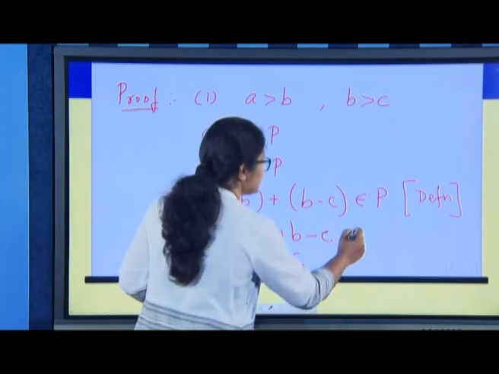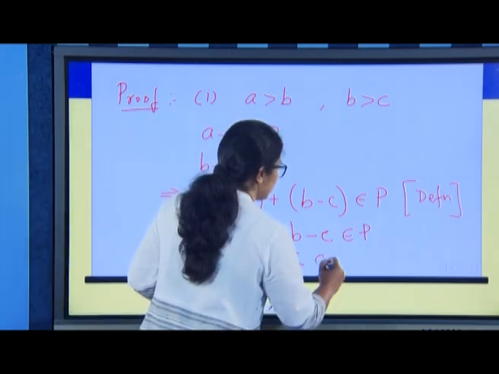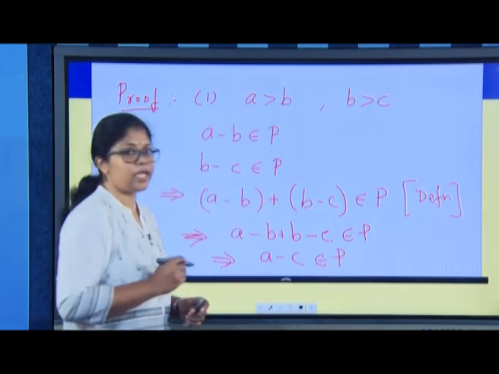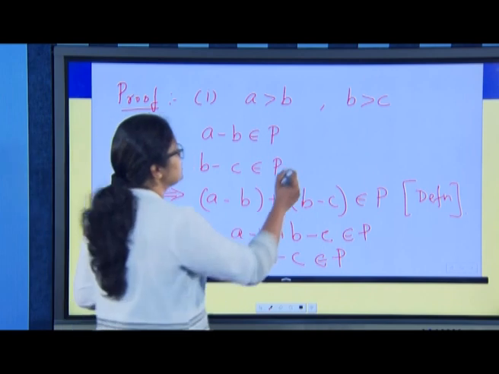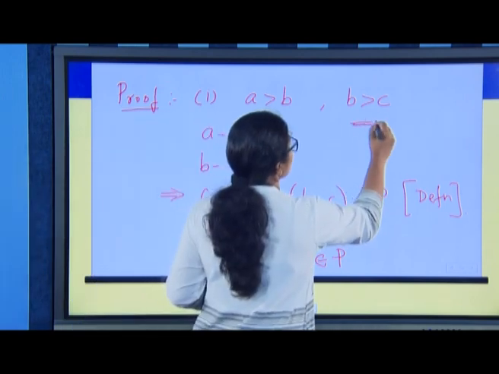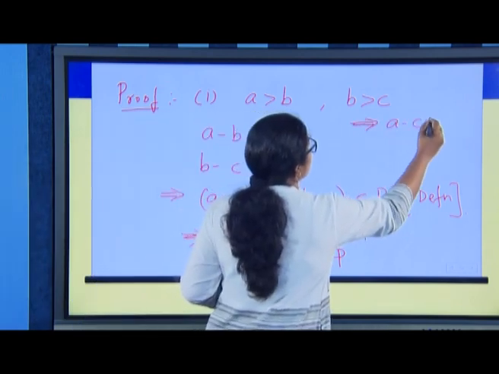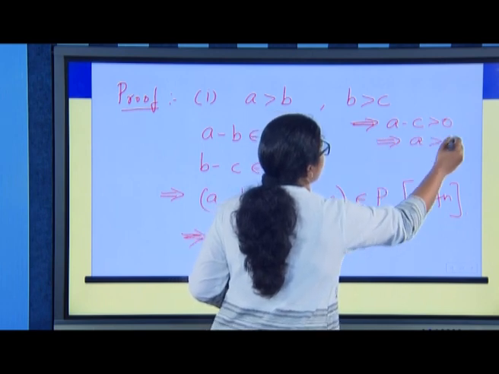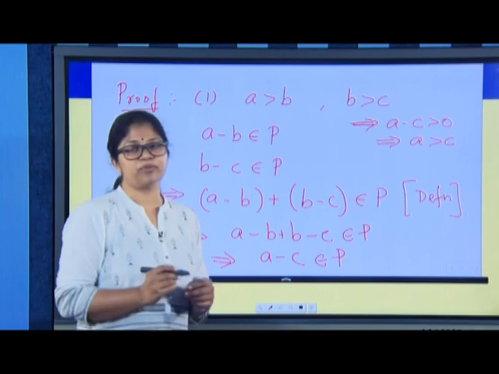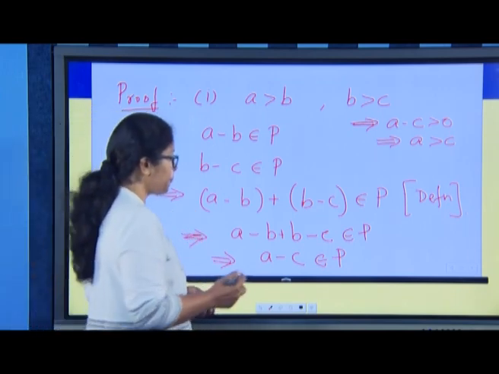So, A minus C belongs to the set of all positive real numbers. That is exactly what we wanted to prove. So, this implies A minus C is greater than 0, or that shows that A is greater than C. Hence, the proof of the first part.